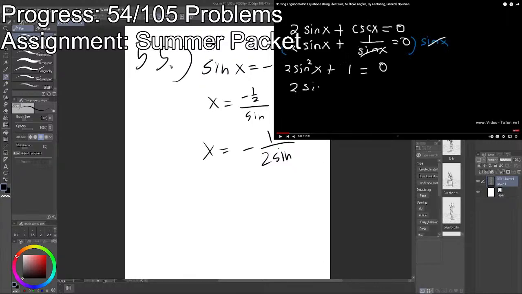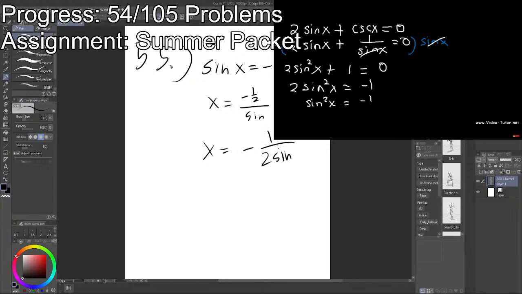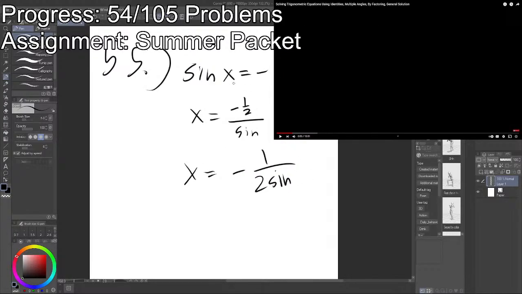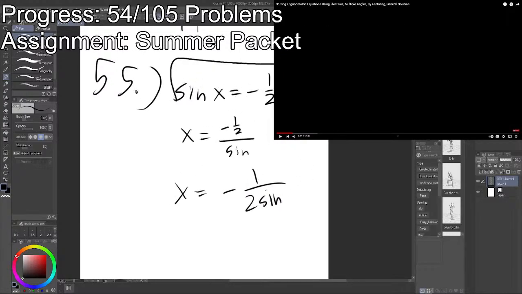No, there's no point. 2 sine squared is equal to negative 1. And if we divide by 2, sine squared equals negative half. Now, sine squared... Wait, that sounds kind of familiar. Is this like the best form to have it in, I wonder? No, I said isolate the variable.